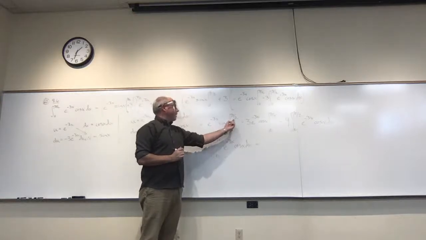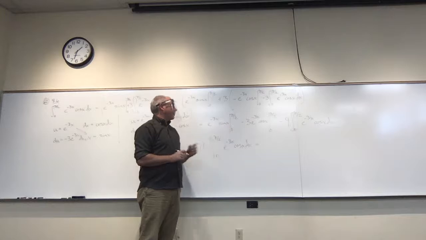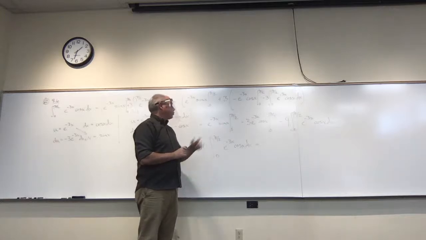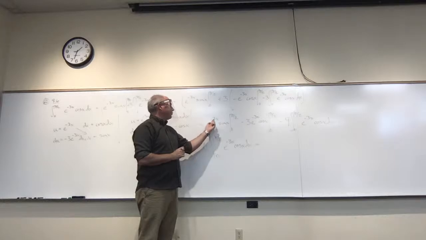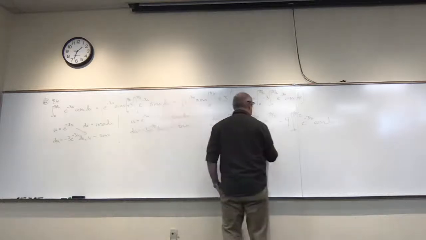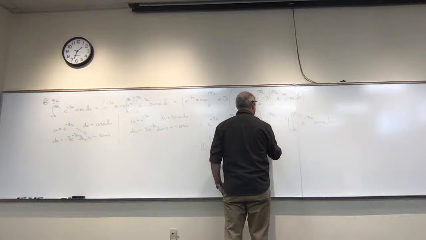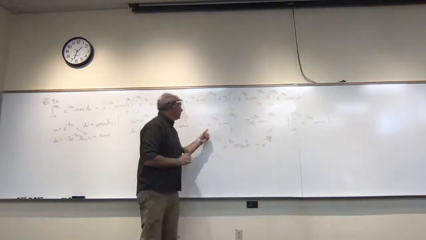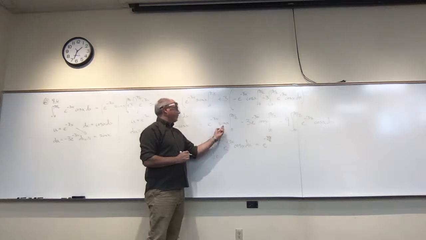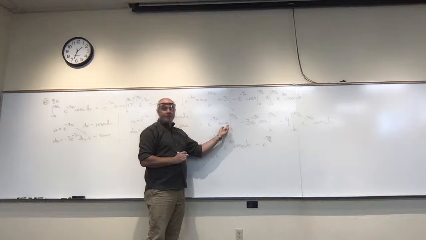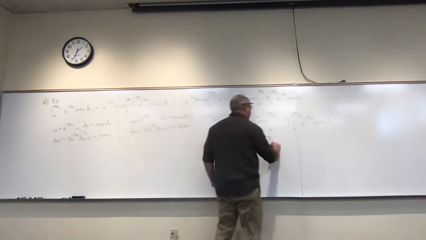So if I plug in pi over 2, what's sine of pi over 2? Yeah, that's 1. And if I plug in pi over 2 up here, I get e to the negative 3 pi over 2. Then I subtract plugging in 0, but sine of 0 is 0, so I get minus 0.